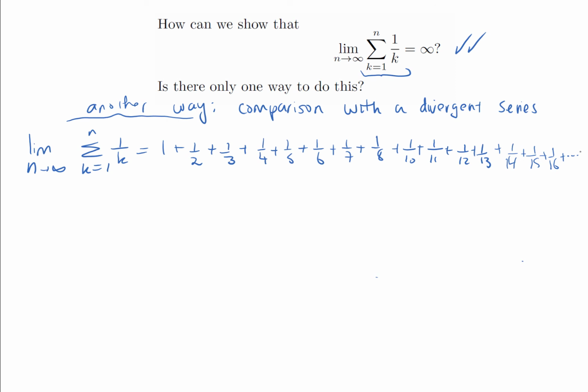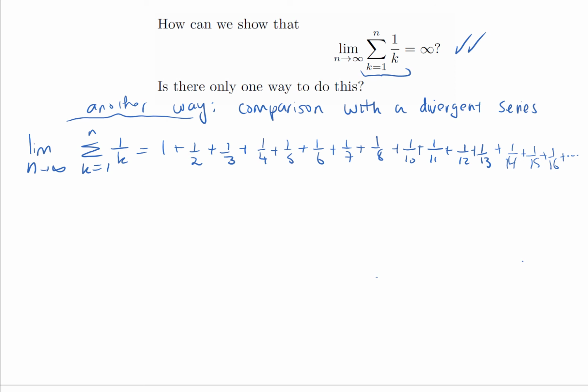Now, what we would do next is we would start gathering terms in a smart way to generate a series we will know diverges. So how do we do that?